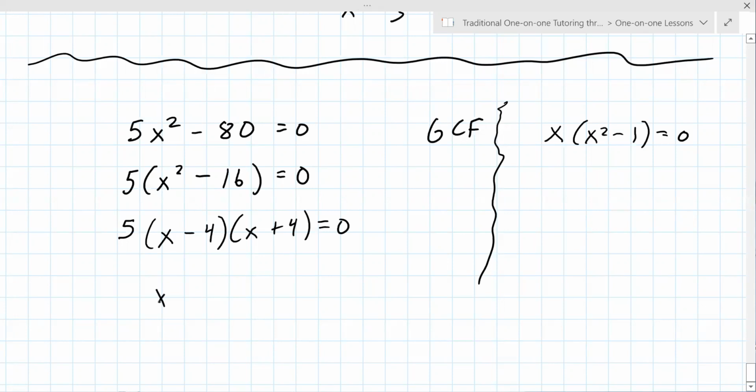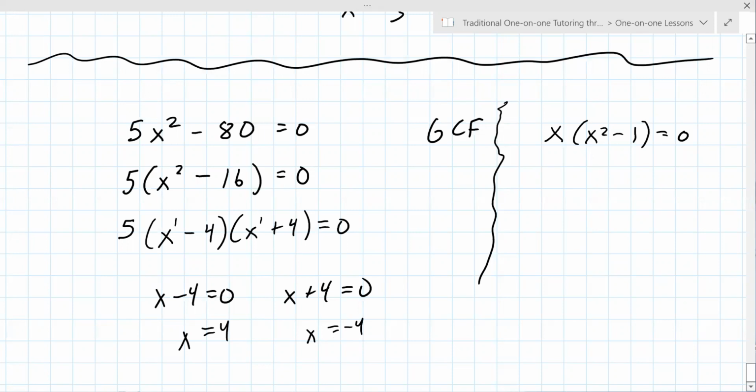Then only the x terms equal 0, because there's nothing else. Okay, so x equals 4, x equals negative 4.